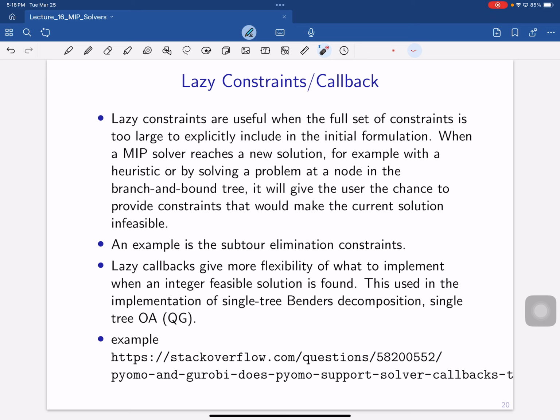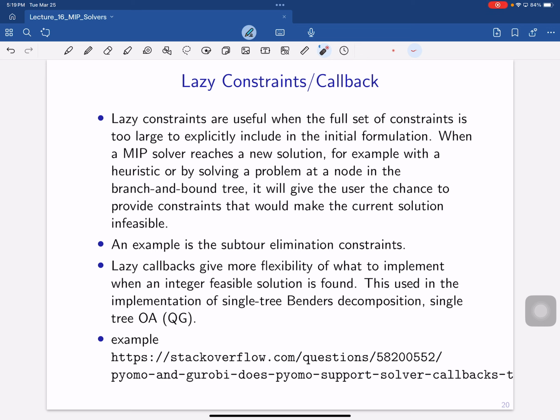So the idea of lazy callback is you will add these constraints only when needed. That's why we say those constraints are lazy. They will not show up until you find out they are necessary. You find they are necessary at some branch and bound node, where you may find a feasible solution, but you have not added those lazy constraints.